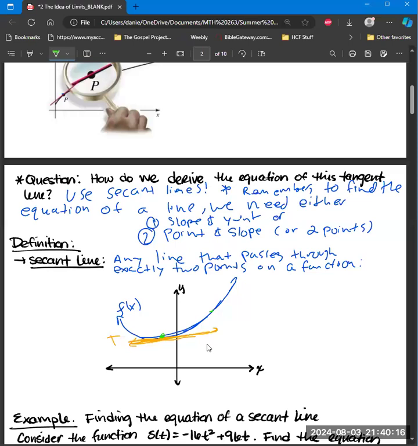And 2 points determine a line. And as I bring this second point closer and closer to the original point, I'll get many secant lines that will come in closer and closer to this tangent line, is going to be the idea.